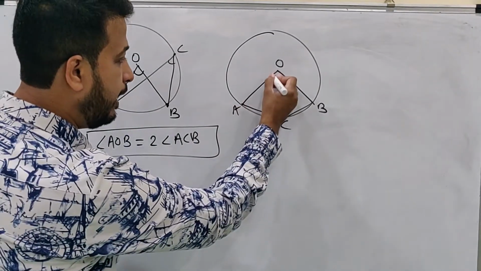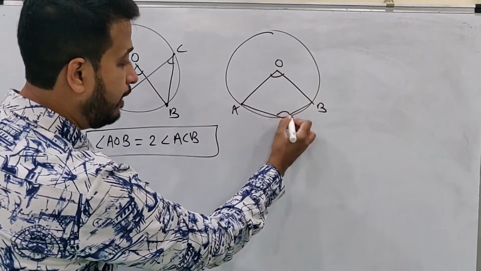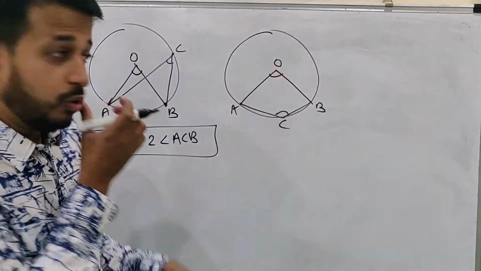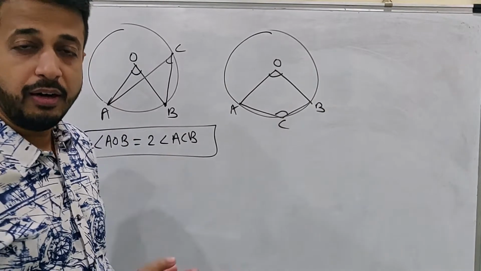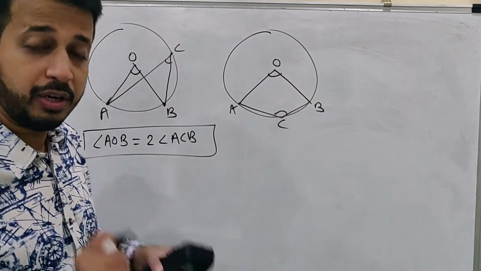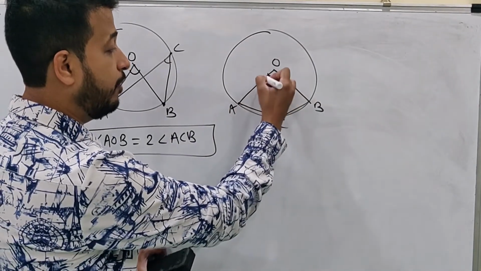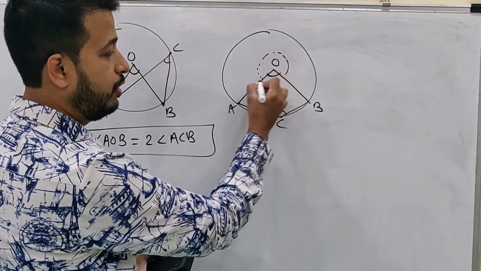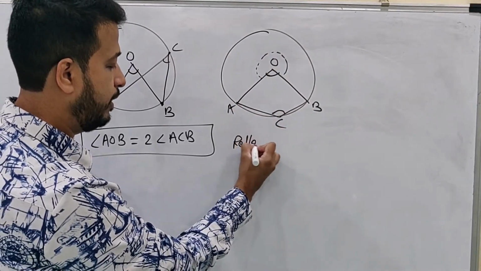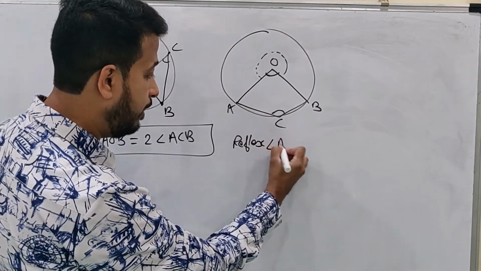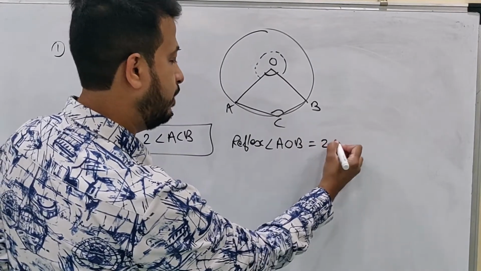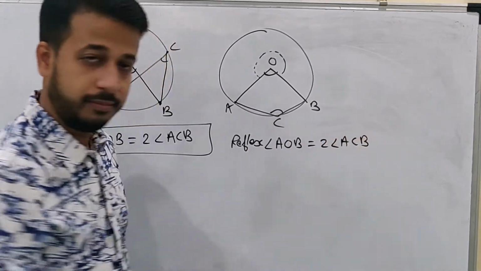But here angle AOB and angle ACB are seeing opposite to each other. So even here I have to use the property where angle at the center is twice the angle formed anywhere on the circumference, but I cannot use this angle, I have to use this angle. So this dotted one which I am showing you is my reflex. So reflex angle AOB is equal to twice angle ACB, right?